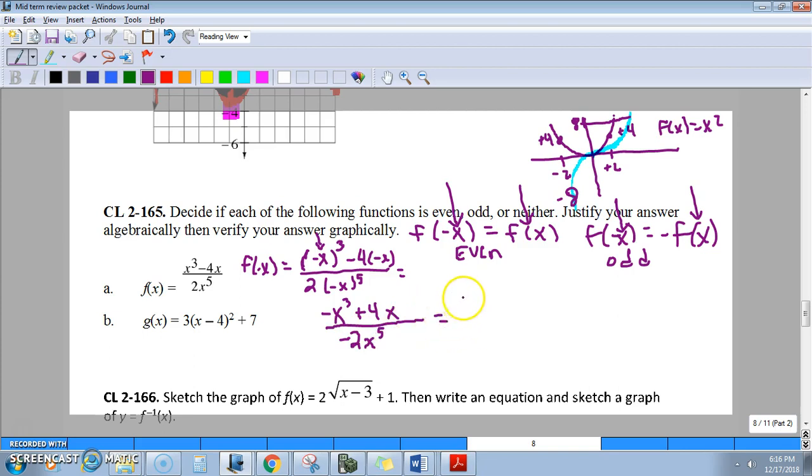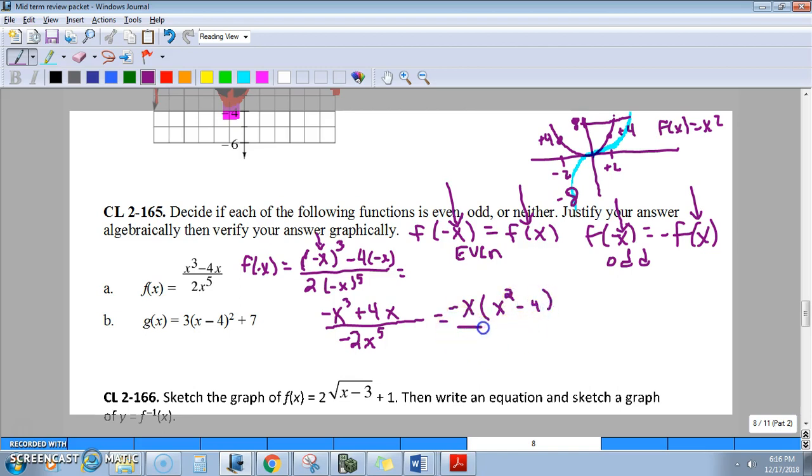Okay, and then what do I get here? I can factor out an x on the numerator. Actually, let me factor out a negative x on the numerator. And then if I factor out a negative x, I get x squared, positive, minus 4.